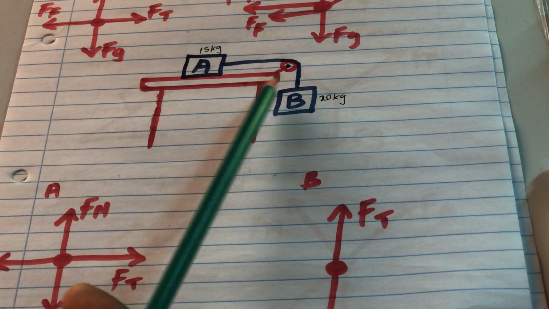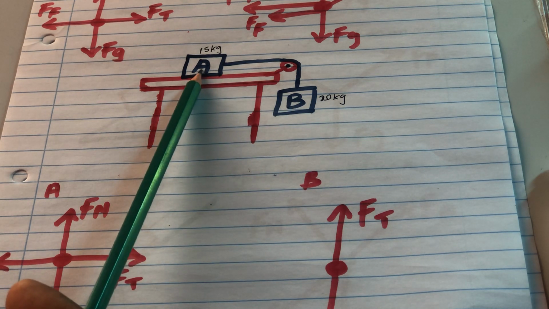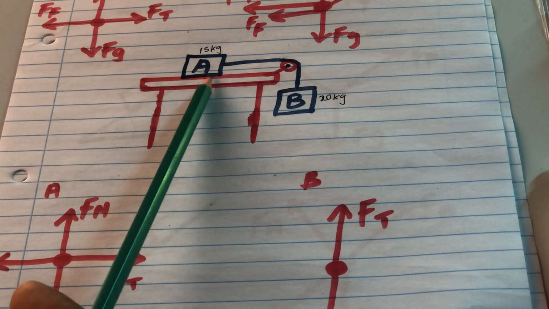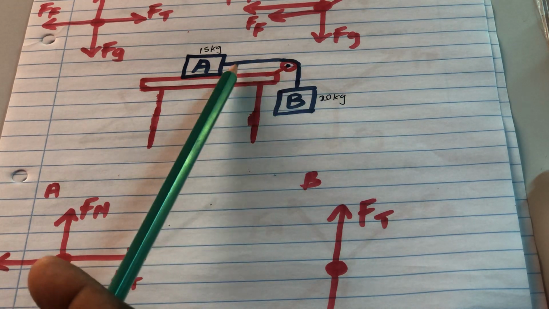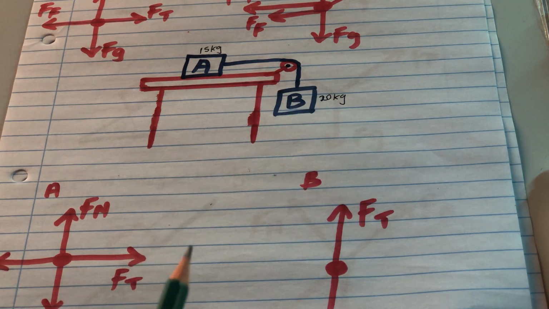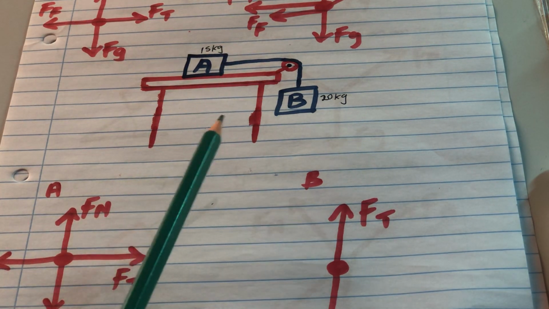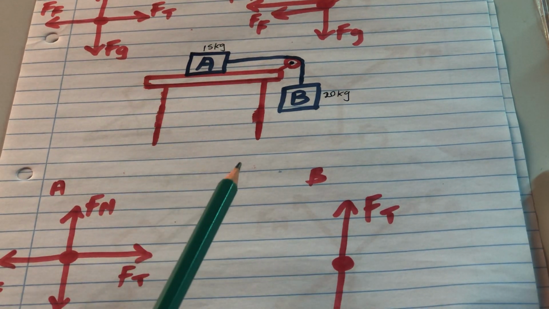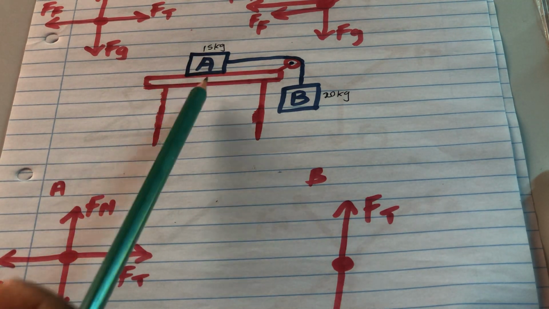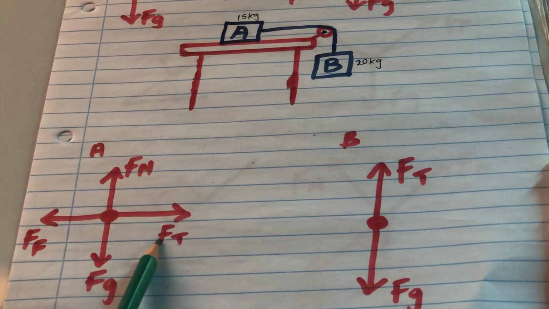And then as B is pulling A, there's a friction here. So it makes it hard for this A to be pulled. As a result of this string, there will be a tensional force pointing up to show that there is a resistance which is being caused by A. So for A, our tensional force will point to the right, like what I've indicated here.